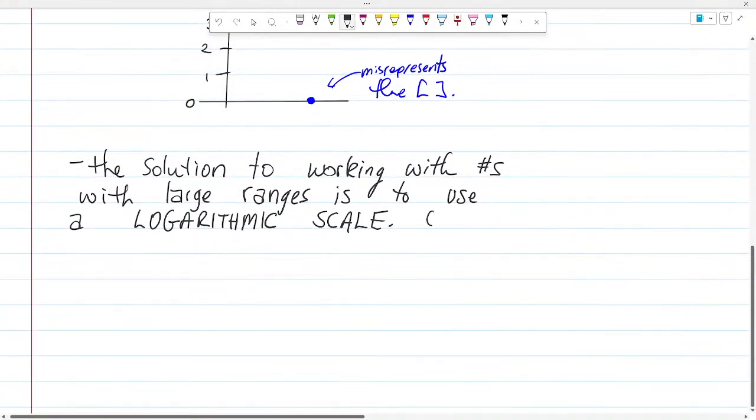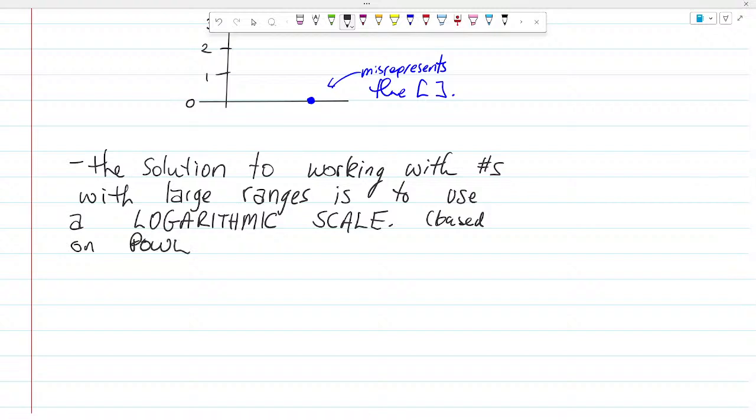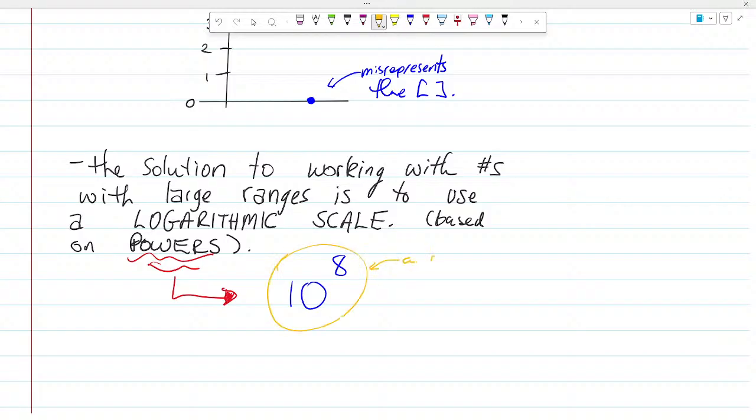This is based on powers. And if you don't remember what a power is, that's okay. I'm going to tell you. If we have some number, I don't know, let's say 10 to the exponent 8, this whole thing is what we call a power. Within that, we call this number here what?